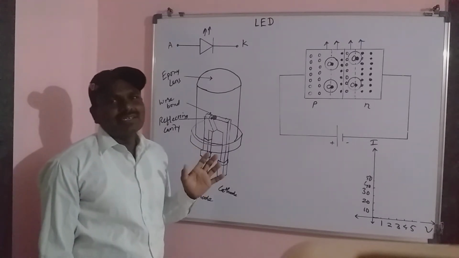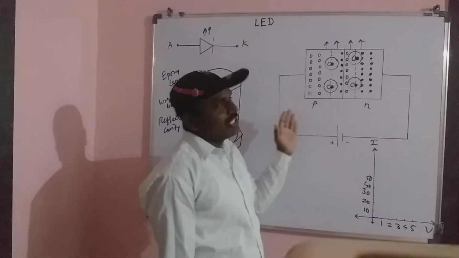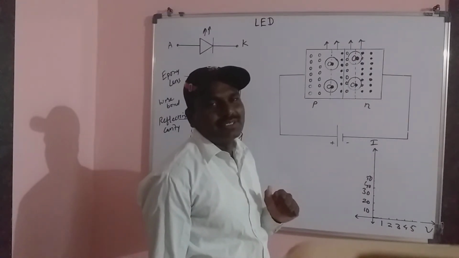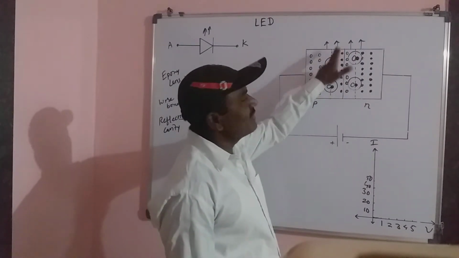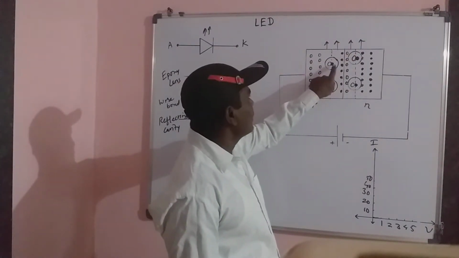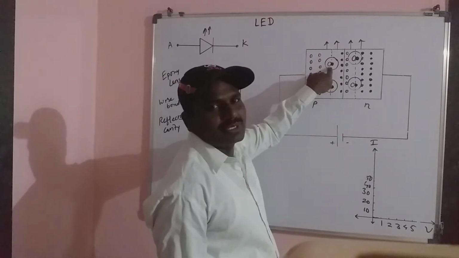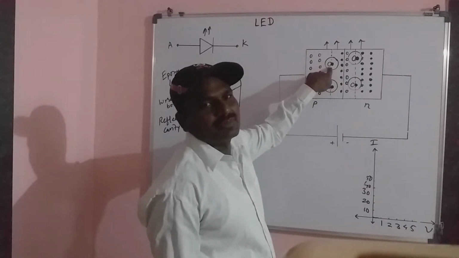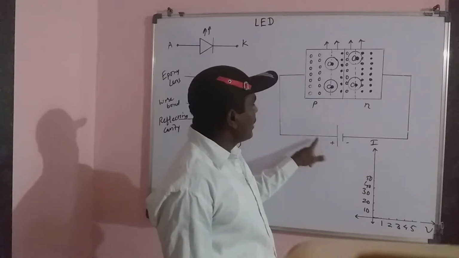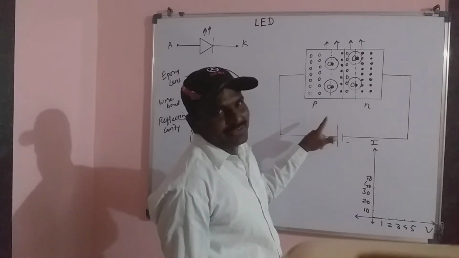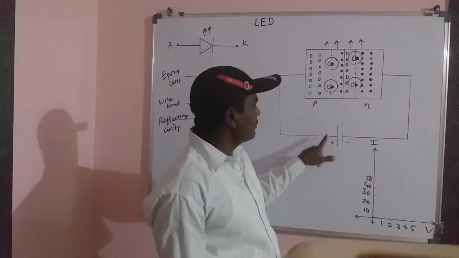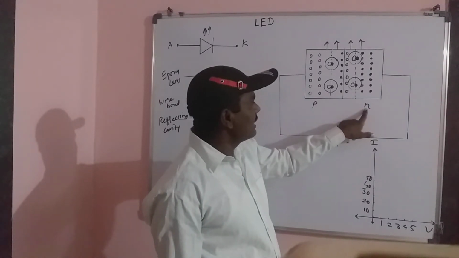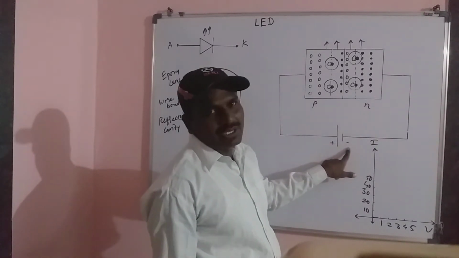Now we can see the working of this LED. An LED emits light when electrons and holes combine. When the diode is in forward bias, this is the P terminal, the positive terminal, and this one is the N terminal of the diode, the negative terminal.